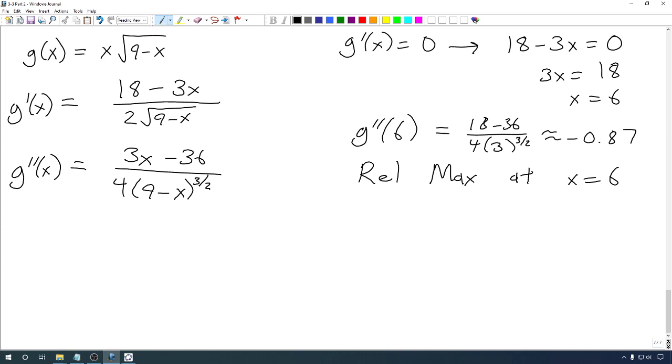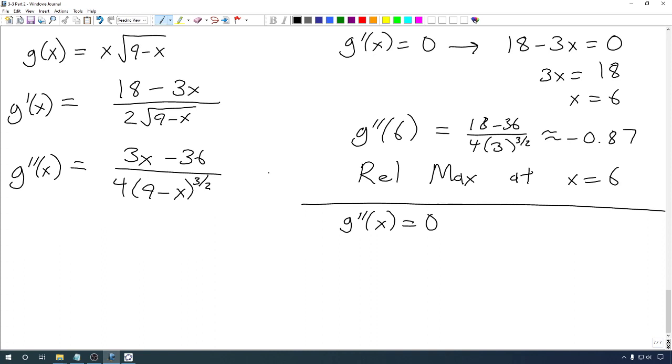Now, does this have any points of inflection? What are we talking about there? We're talking about where the second derivative is equal to 0, or where the second derivative does not exist. Like the first derivative, the second derivative doesn't exist when x is 9 or bigger, and we're already excluding that for the exact same reasons. So really we're asking, where is the second derivative equal to 0?